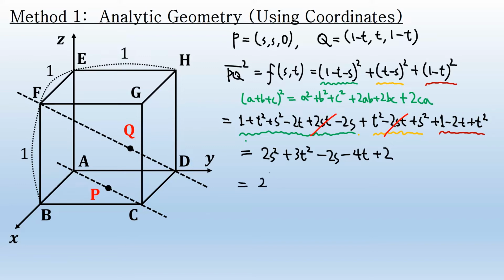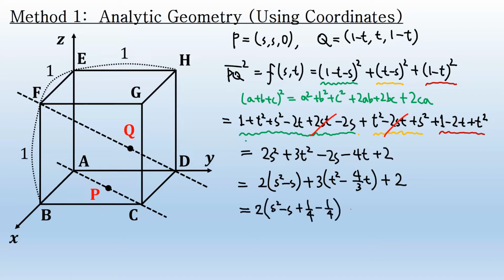So we write 2 times (s^2 - s) plus 3 times (t^2 - 4/3 t) plus 2. So in order to complete the square, we add 1/4 here and subtract 1/4. And here we have to add (2/3)^2, which is 4/9. And of course we have to subtract it.